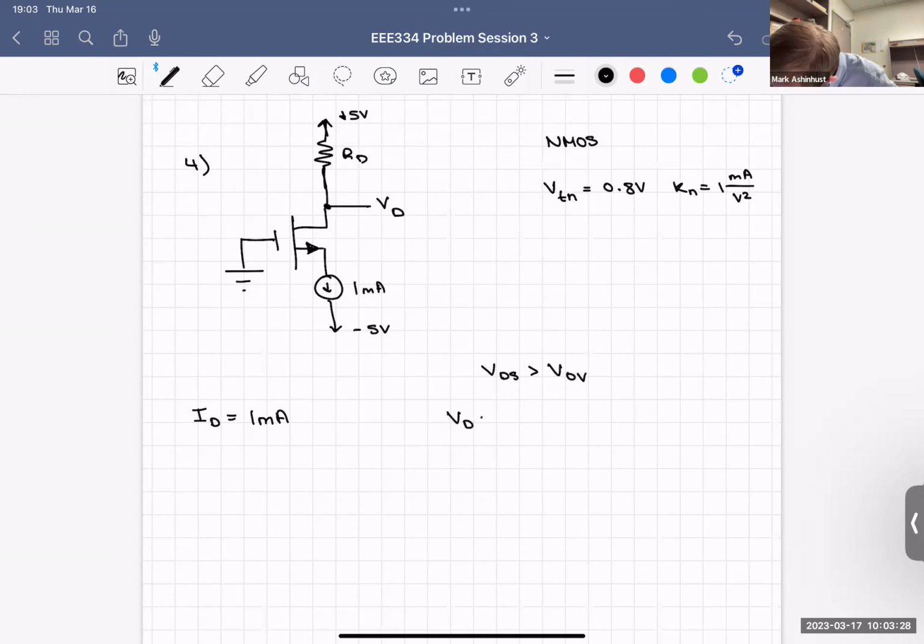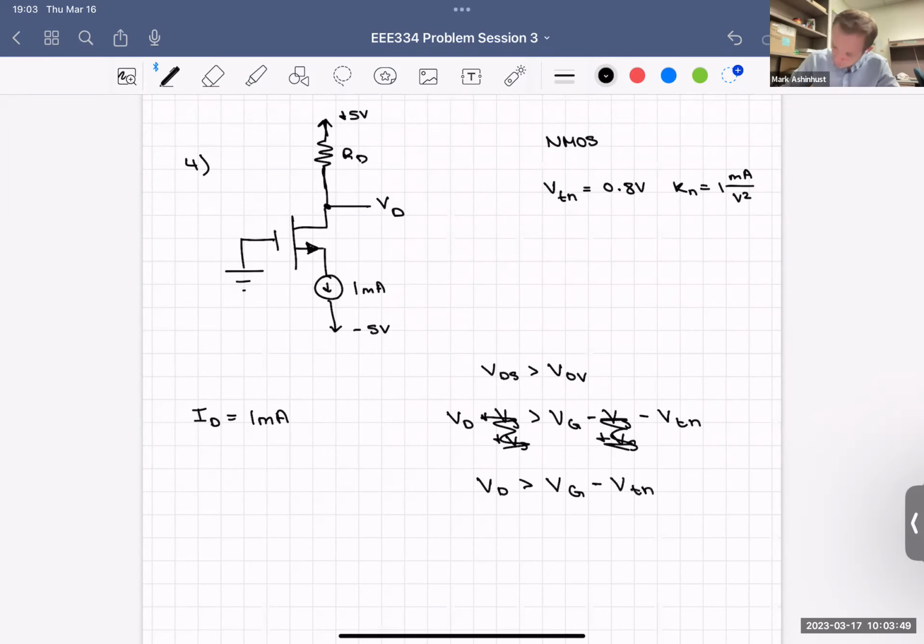VD minus VS must be greater than VG minus VS minus VTN. Well, I can just add the VS over, and the VS's cancel. So VD must be greater than VG minus VTN. That really helps us out, because now we don't need to figure out what the source is.